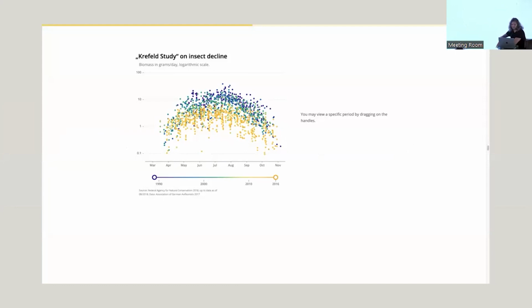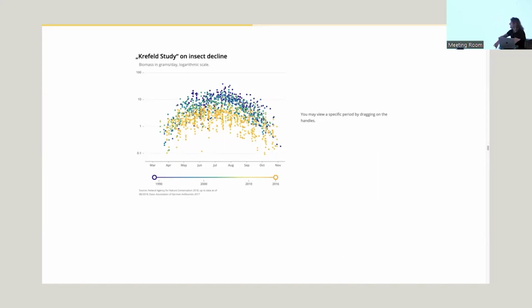The second section deals with the inventory of biodiversity. For this, we use a scatter plot with sticky side-by-side elements. On the left side you have the visualization, on the right side you have text, and when you scroll through, it shows specific years, from the beginning and how it is now.